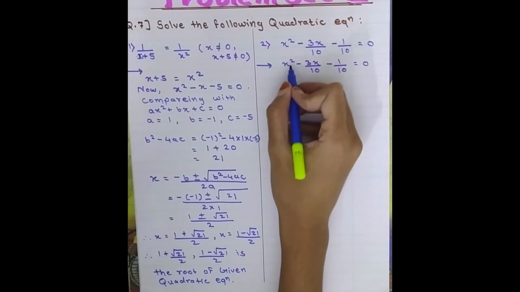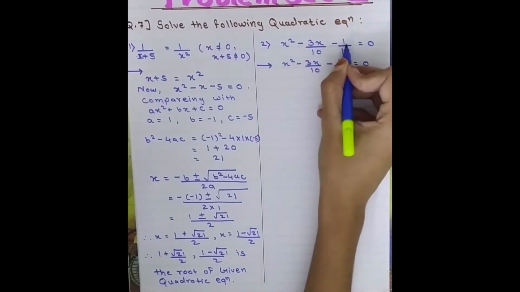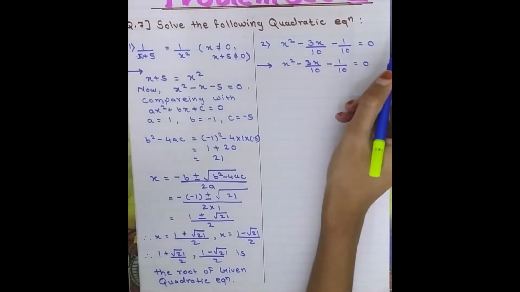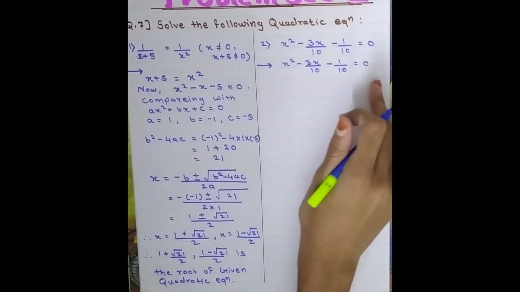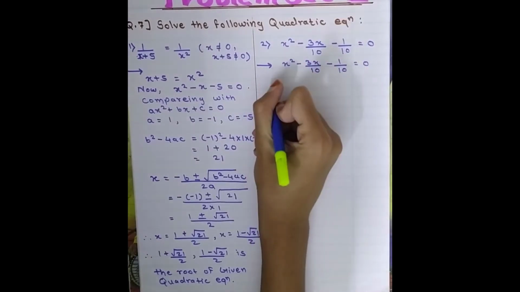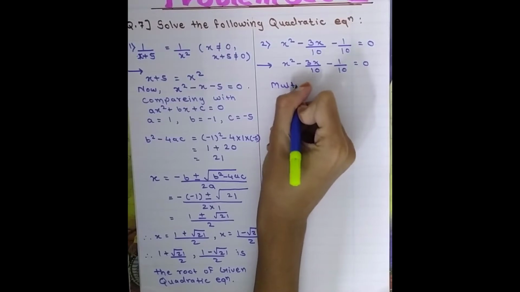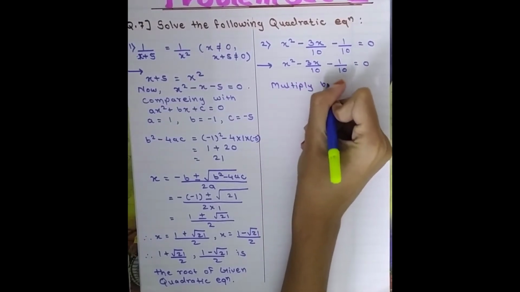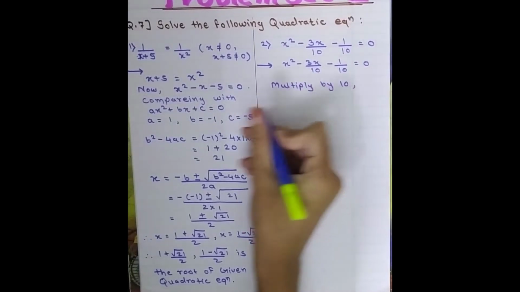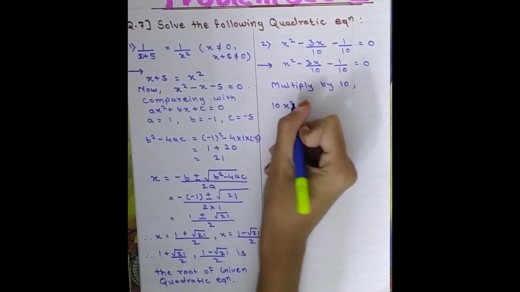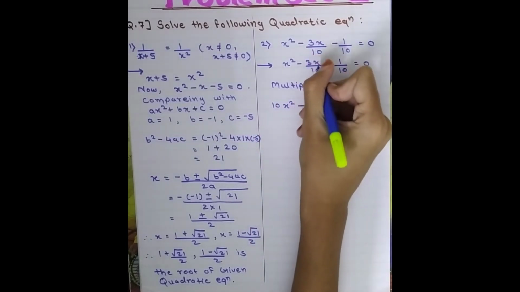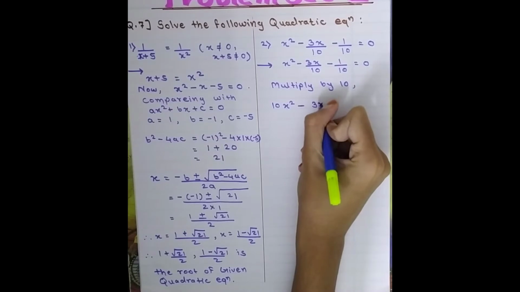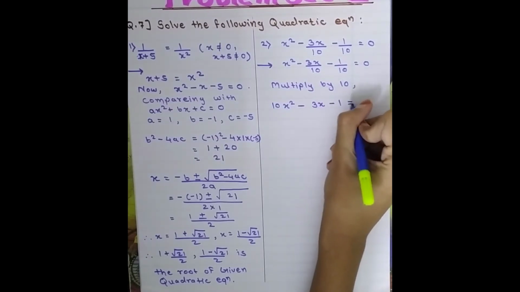Next question is x square minus 3x upon 10 minus 1 upon 10 is equal to 0. So multiply this equation by 10. Multiplying by 10, we get 10x square minus, when we multiply this by 10, then only 3x remains, and here minus 1 is equal to 0.